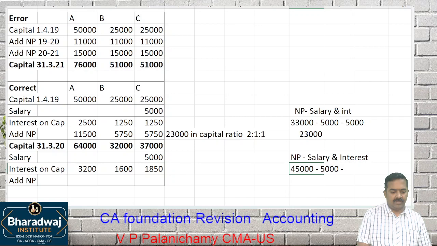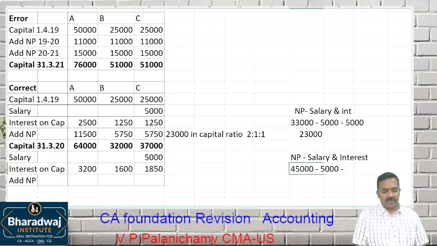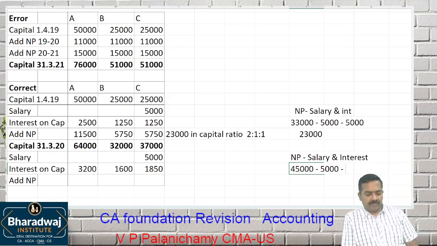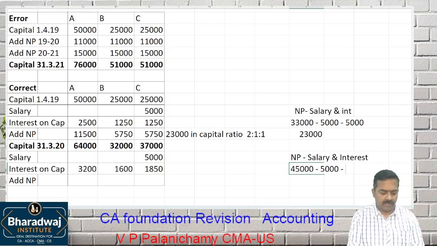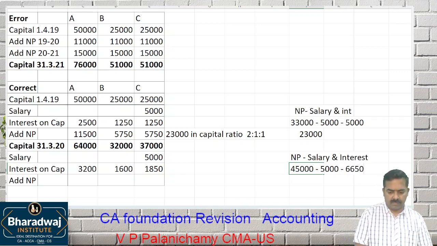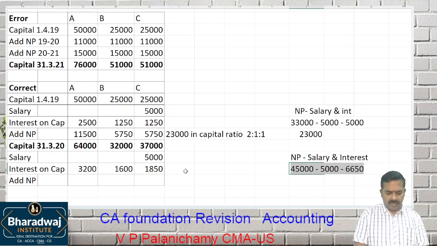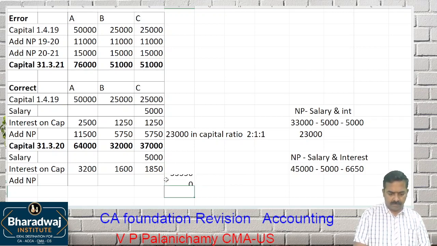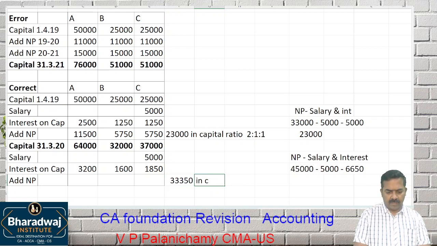Total 3,200 plus 1,600, 1,850, 6,650. Now share this in which ratio? In capital ratio. 2:1. Oh, 2:1:1.